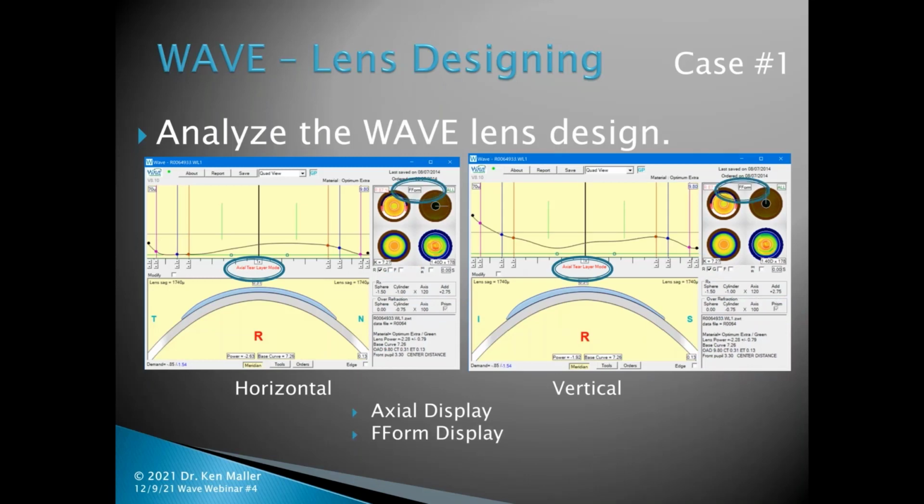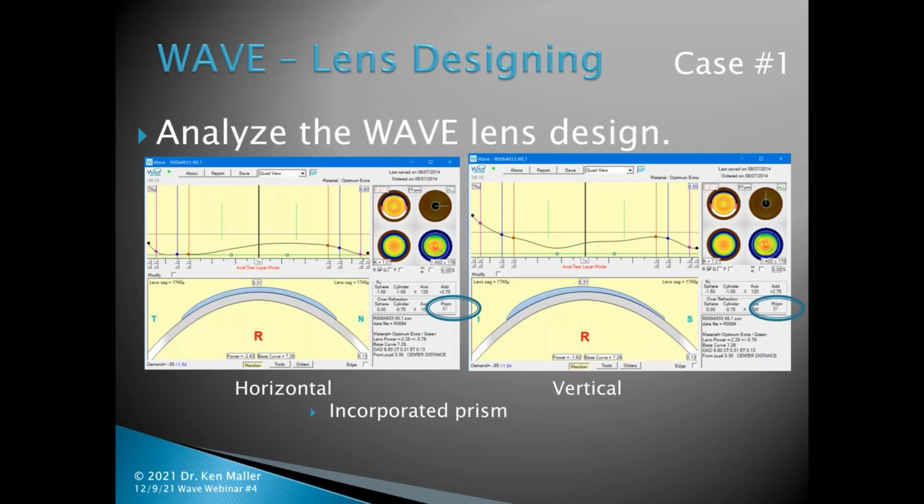There's a free-form display because I do want to get the most accurate representation of which areas of the lens are not perfectly in alignment with the front surface of the cornea. And I have it on the 70 micron display, which is the greatest resolution that we can see close to the corneal surface.